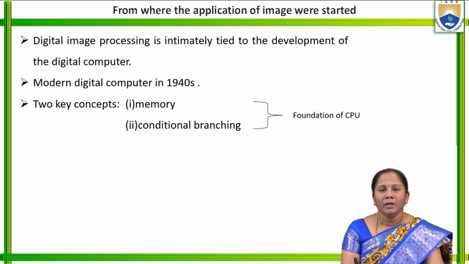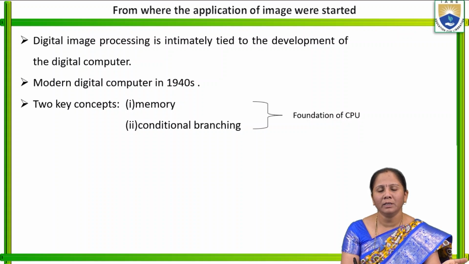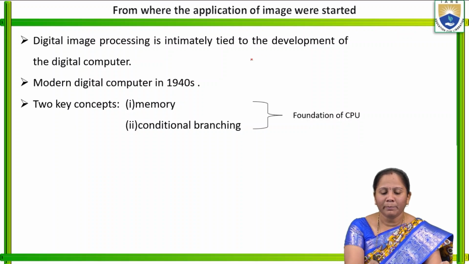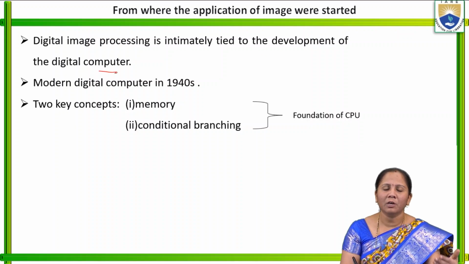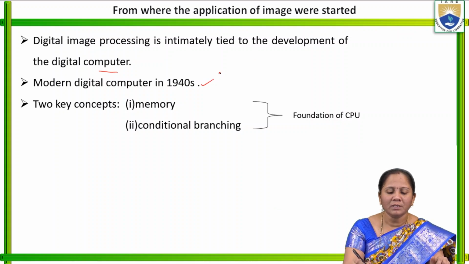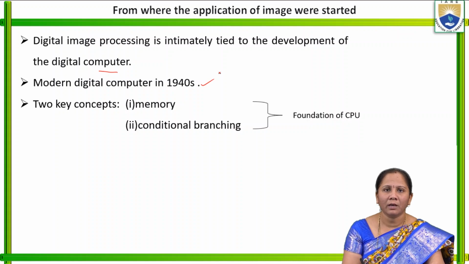Here, the digital image processing concept also made us look at the other end, that is the improvement in digital resources like computers. The development of digital computers was being done. Modern digital computers came into existence around the 1940s.